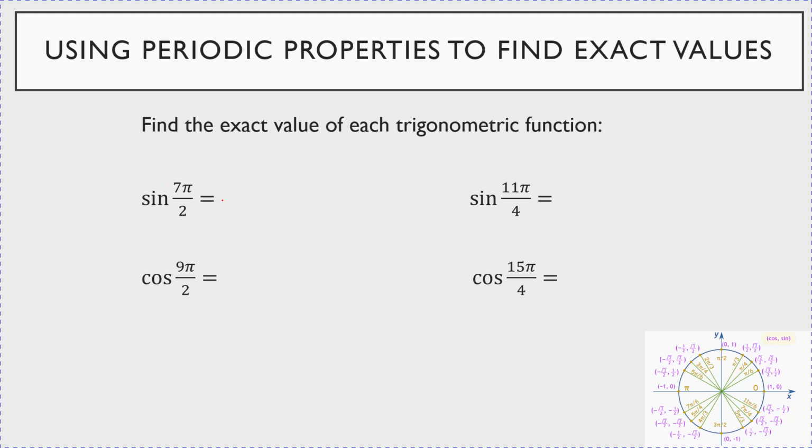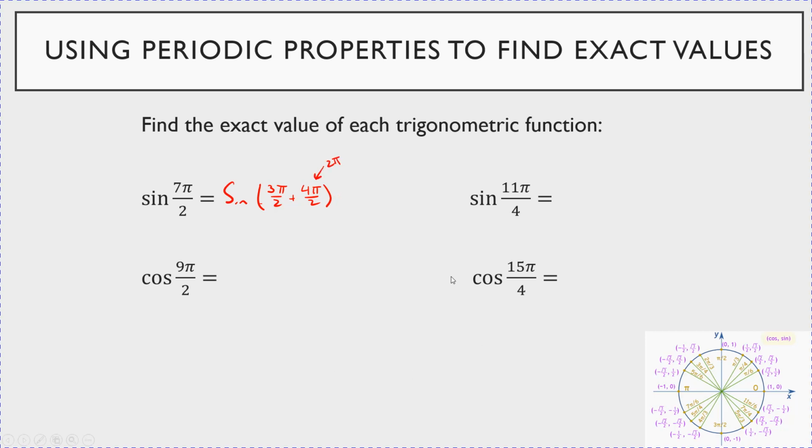But if I break this up as sine of, excuse me, sine of 3 pi over 2 plus 4 pi over 2. Well, what is 4 pi over 2? This right here is just 2 pi.